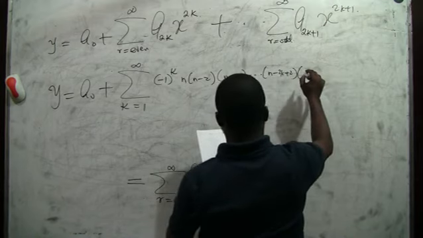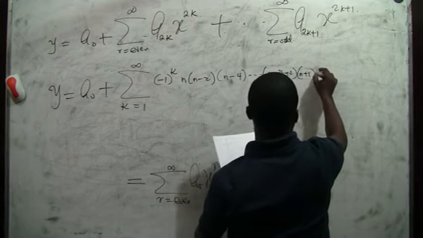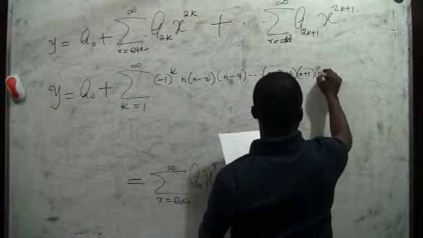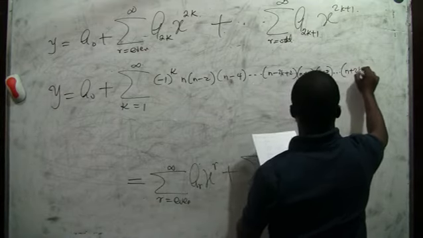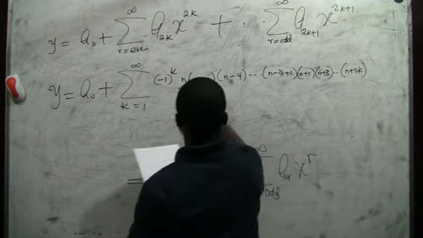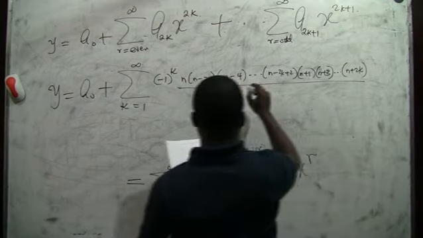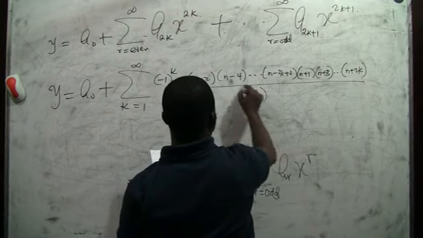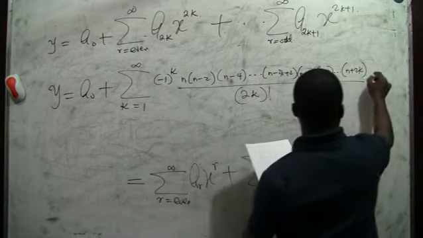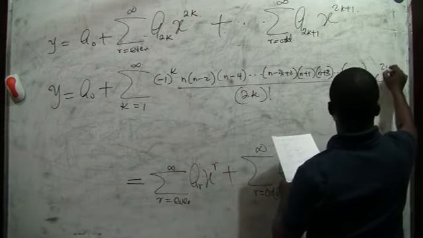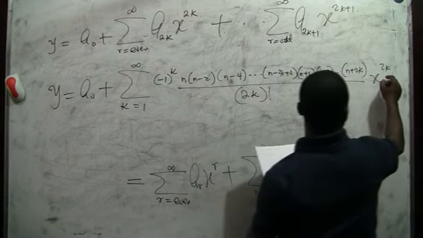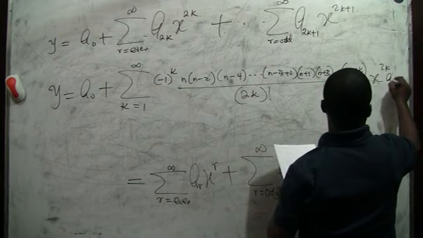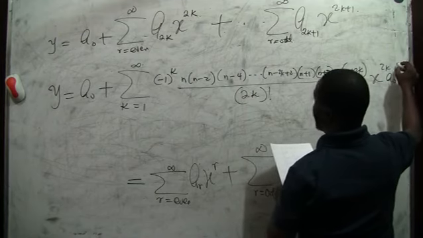Then we have n plus 1, n plus 3 up to n plus 2k, all divided by 2k factorial, x raised to power 2k. That is the first one, a naught.